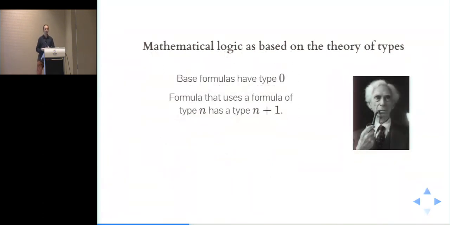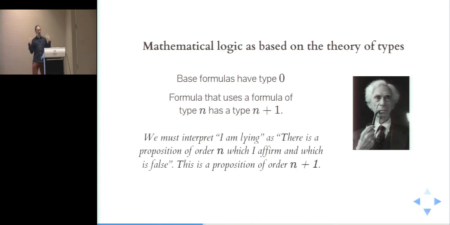And so what Russell did is that he introduced types, and he says base formulas have type 0, and a formula that uses a formula of type n will have type n plus 1. So when I say I am lying, the I in this I am lying refers to something of a different type.